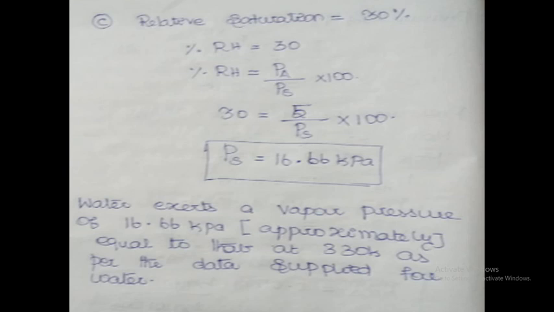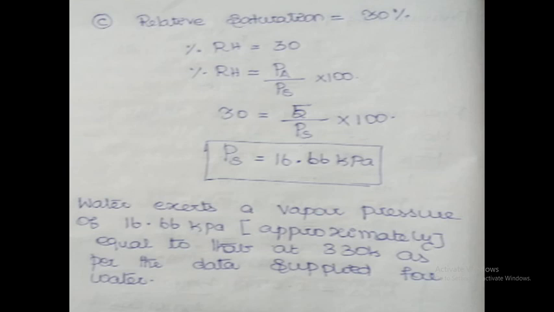Are you clear? Okay. So in your problem additional data are given. The pressure values are very near to that value. Are you clear or not? Okay. They are approximately equal. So that's why it is directly taken as the heating temperature of the mixture. So water exerts a vapor pressure of 16.66 kilopascal at 330 Kelvin as per the data supplied for water.